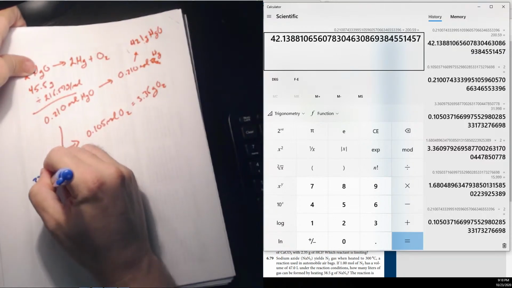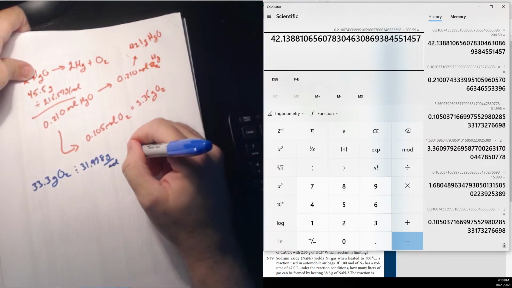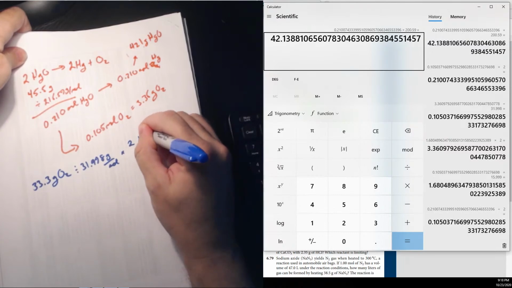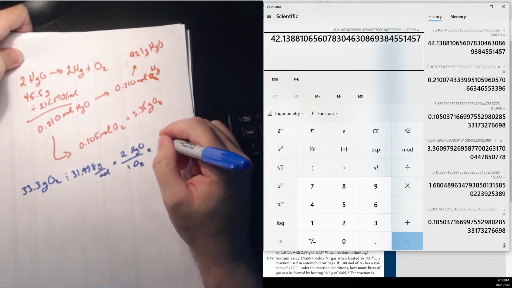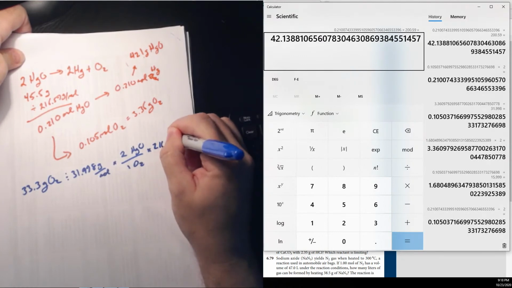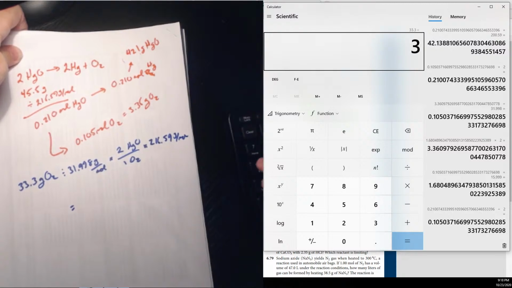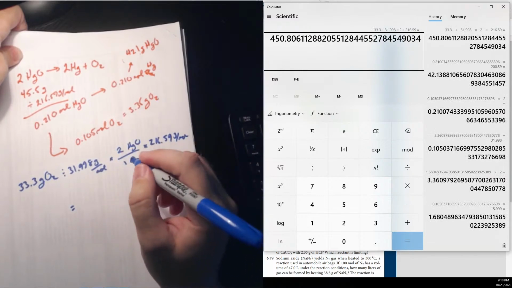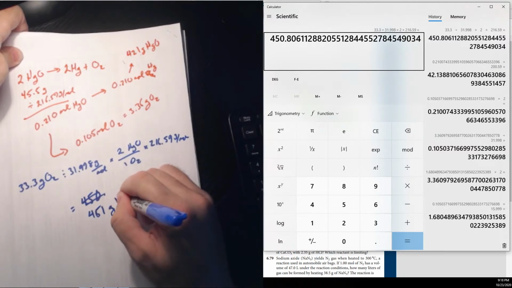So 33.3 grams of oxygen divided by 31.998 grams per mole times 2 HgO for every 1 mole of oxygen times, what was it, 216.59 grams per mole. .451 grams of mercury oxide.